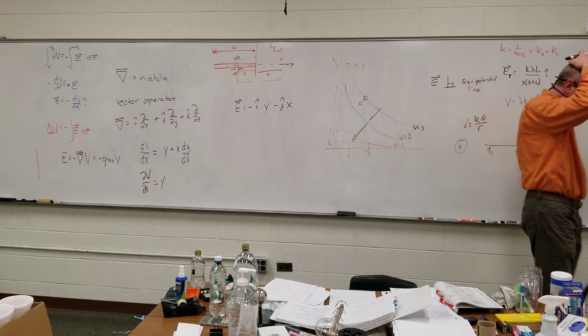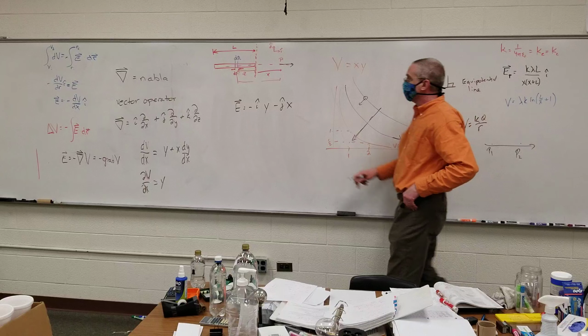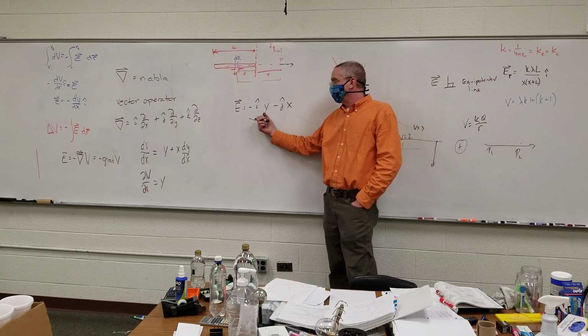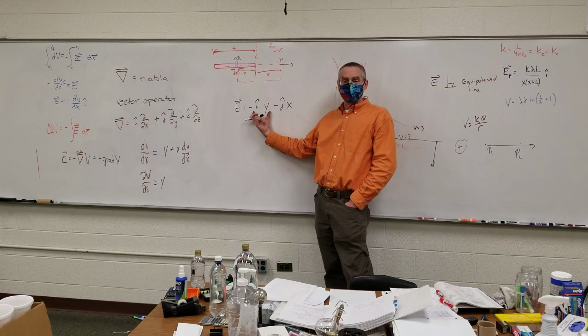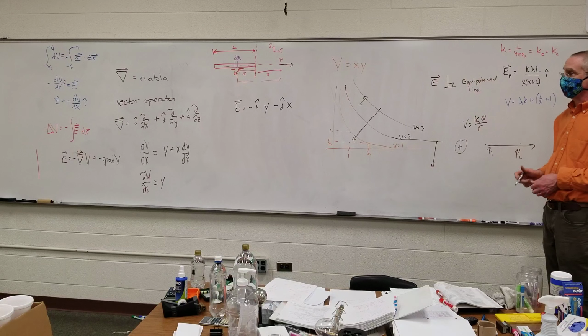If I know that as my equipotential line shoots out farther and farther on the x-axis, my electric field should be closer and closer to pointing downwards. So the larger value of x means the smaller value of y, so this term starts dropping off to 0, and it almost becomes dominantly the value of x in the negative j hat direction. Similarly, if you go up in y, increase the value of y, which decreases the value of x, it gets closer and closer to a vector pointing in the negative i hat direction.